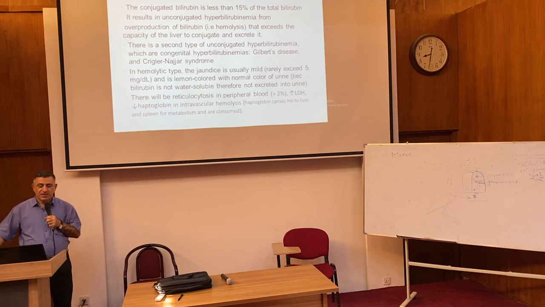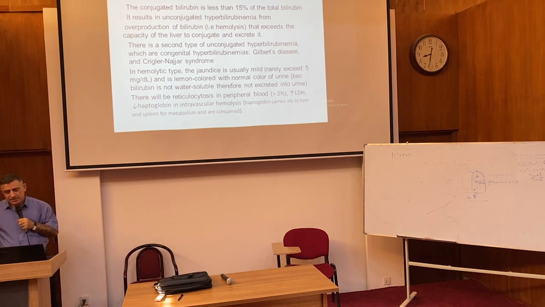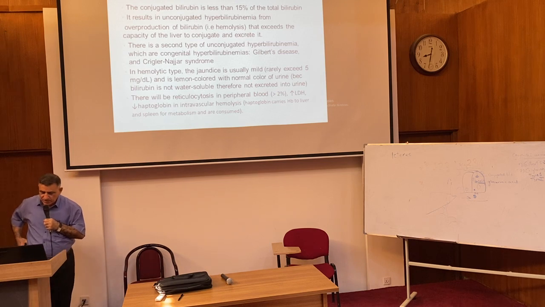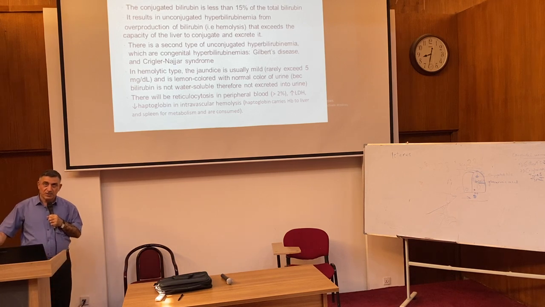It is lemon colored, with normal color of urine, because unconjugated bilirubin is not water soluble, so it will not be excreted in the kidney. It is fat soluble.